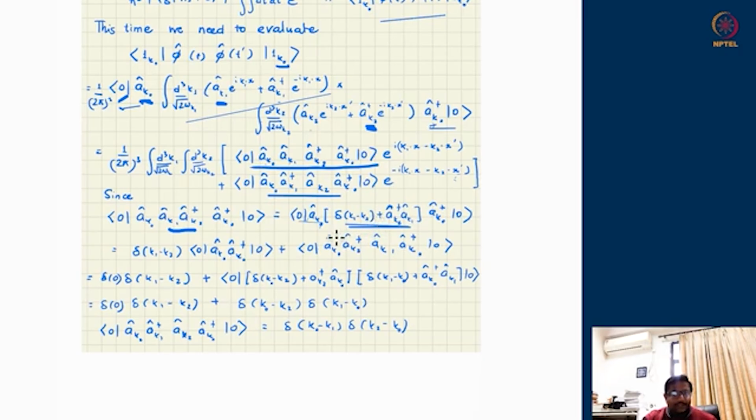But ultimately, that delta(k1 minus k2) will come out and only a_k0 identity a_k0 dagger will survive inside, which is equivalent to a_k0, a_k0 dagger squeezed between the vacuum. That will be the first term. The second term will be a_k0, a_k2 dagger, a_k1, a_k0 dagger squeezed between the vacuum, with the a_k0 and a_k0 dagger squeezing the a_k2 dagger and a_k1 in between.